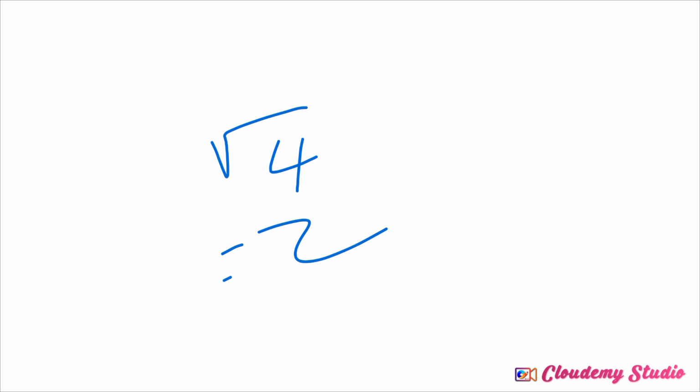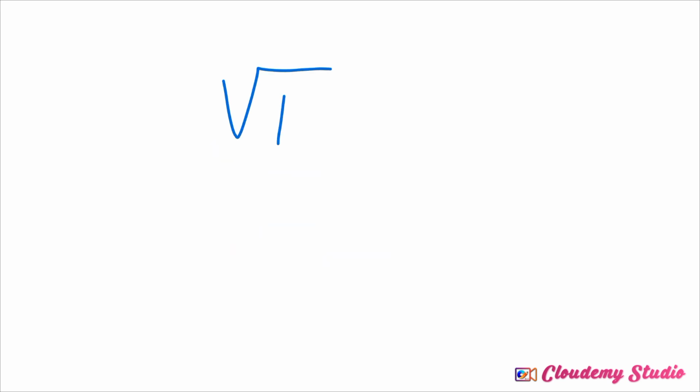Okay, let's take one example. Root of 12. You can see that 12 is not a perfect square, but we can factorize it. We can say 12 equals 4 times 3.